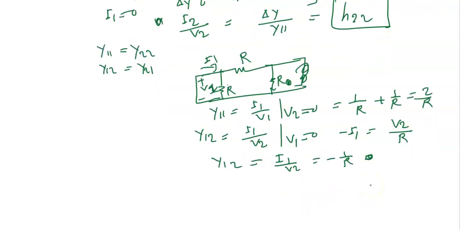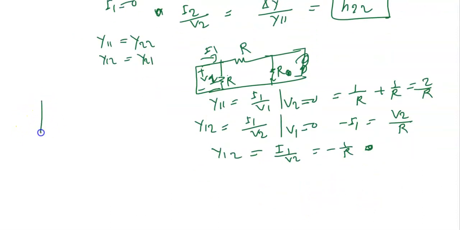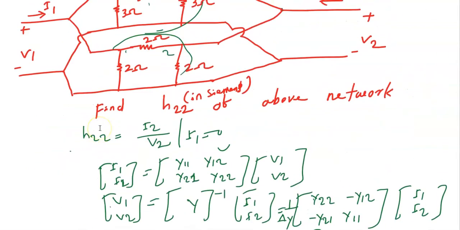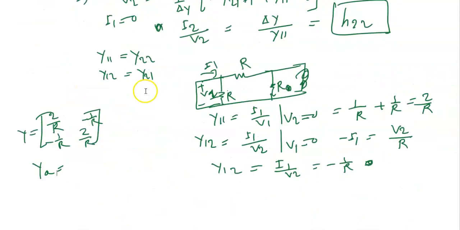Okay. Now for these networks I found the y parameters, which is 2 upon R because it is symmetrical, so 2 upon R. It is also reciprocal, so minus 1 upon R, and this is also minus 1 upon R. So for YA, the first top network, the elements are all 3 and here the elements are all 2.